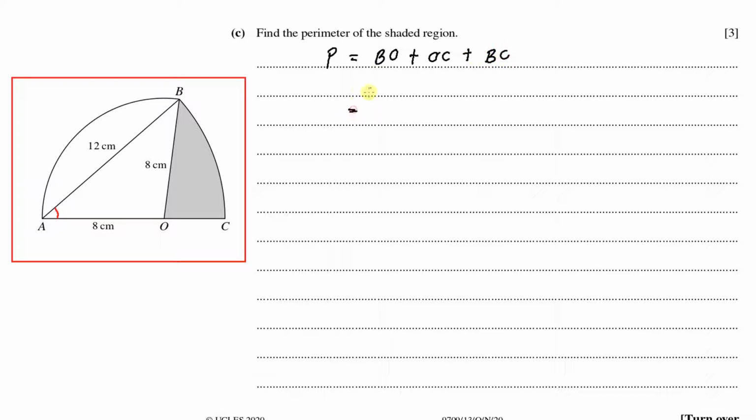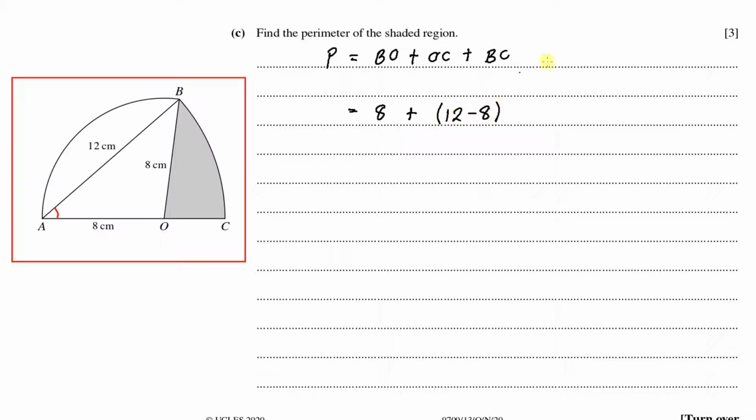Okay, let's start with BO. BO here is 8 centimeters in length, and that's plus OC. To find OC, we can simply say AC minus AO. So we know that AC is 12 centimeters, and that's minus AO, which is 8 centimeters.